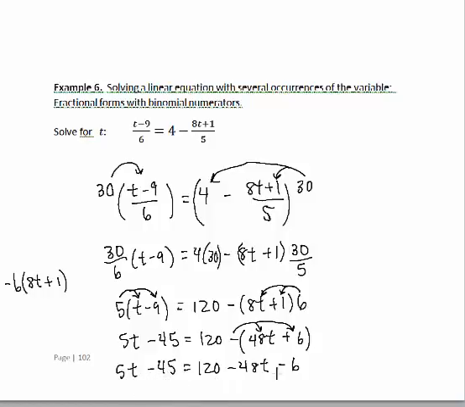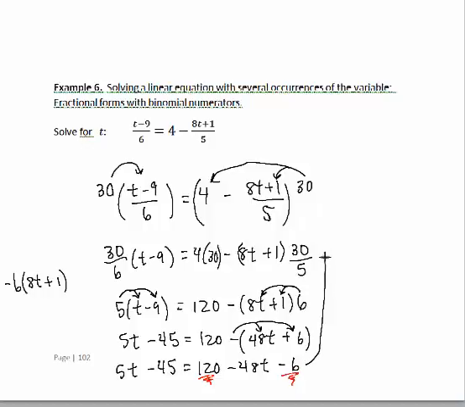On the right side, though, we do have some like terms. The numbers, the 120 and the negative 6, those two can combine on the right without changing the signs because they're on the same side.